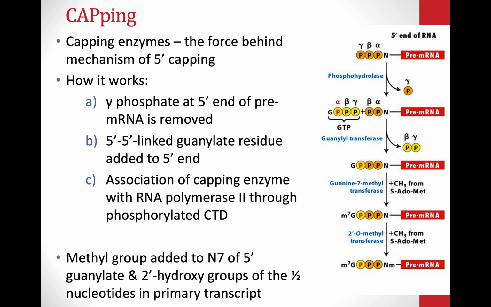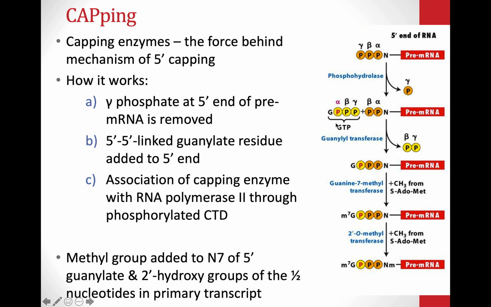So how it works, as you can view from here, this is the explanation. The gamma phosphate at the 5' end of the pre-mRNA is removed via phosphohydrolase. Then a 5' linked guanylate residue is added to the 5' end. This is where it is being added.